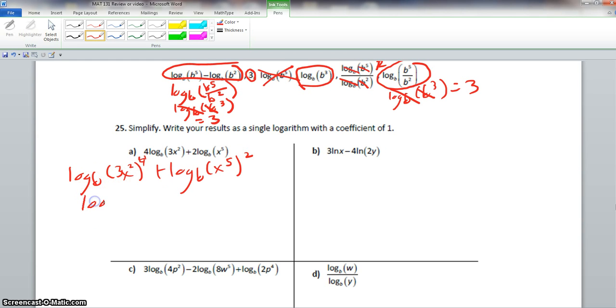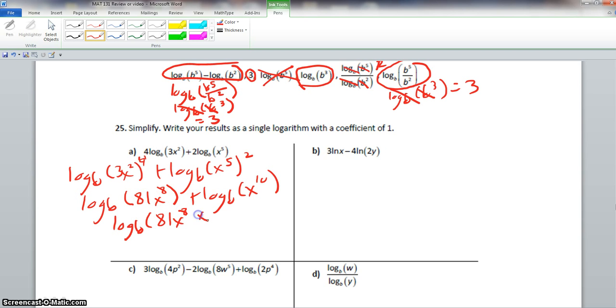Now this will give us log base b of 81 x to the 8th plus log base b of x to the 10th. So we have log base b of 81 x to the 8th times x to the 10th. This will give us log base b of 81 x to the 18th. And that is our final answer.